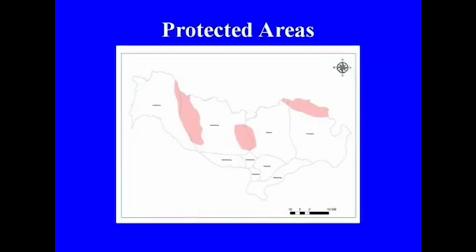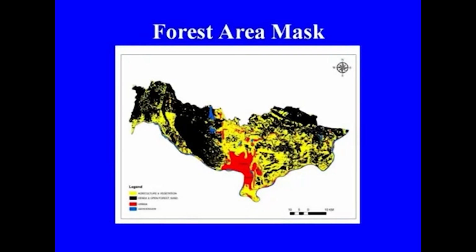This particular slide shows the protected areas that are there within this particular region. The pink color polygons are depicting the protected areas. Similarly, the forest mask also has been identified, that is, these would be the areas where no activity would be undertaken, and these are shown in black color.